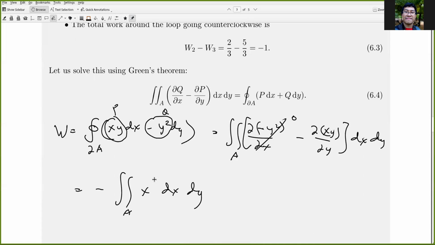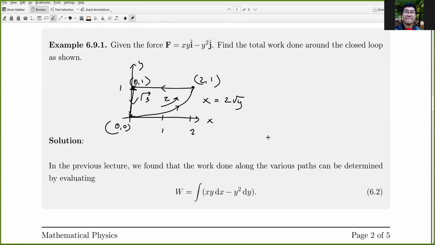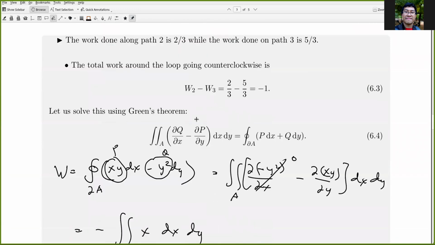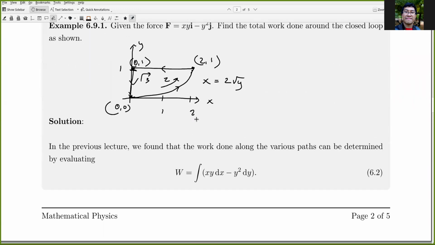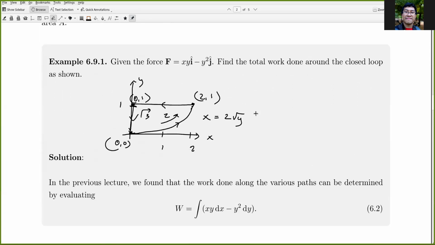Now to determine the limits of integration, we can go back to looking at this figure that we have. We can do the integration along x first and then y. So for y, it's set from 0 to 1.